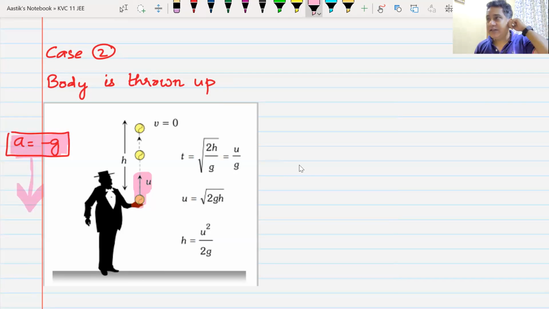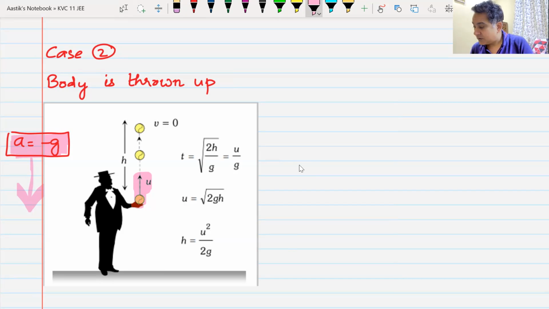What is the third thing that is not known directly to us, but it is known indirectly to us? Look at the diagram.